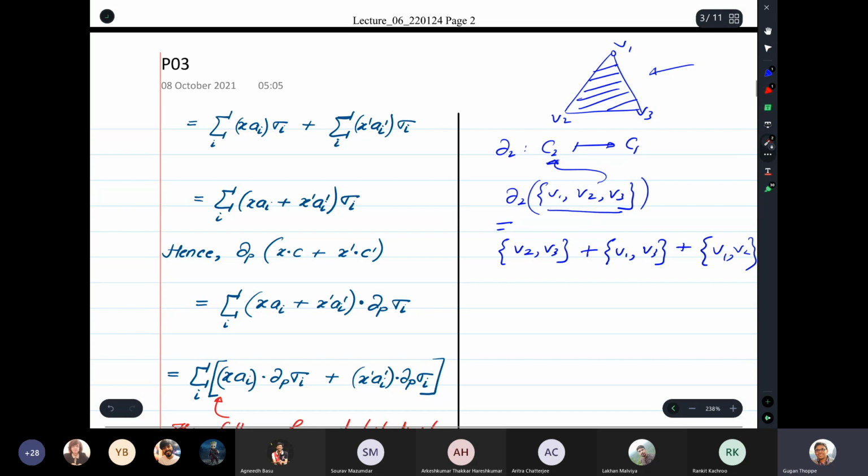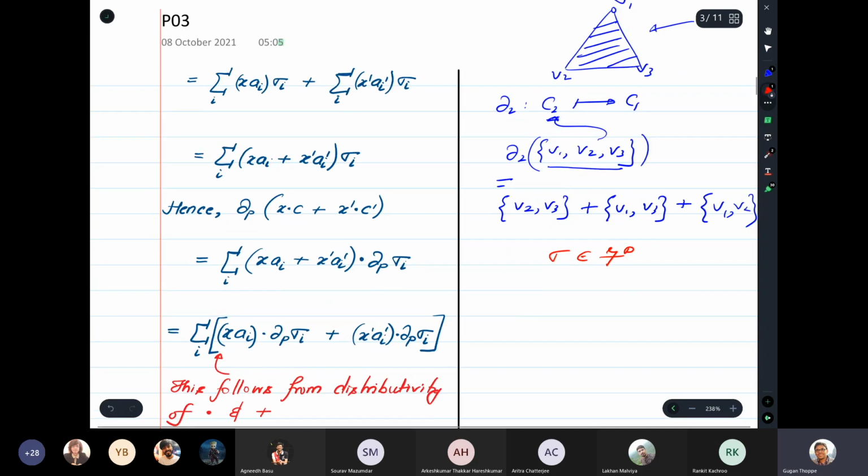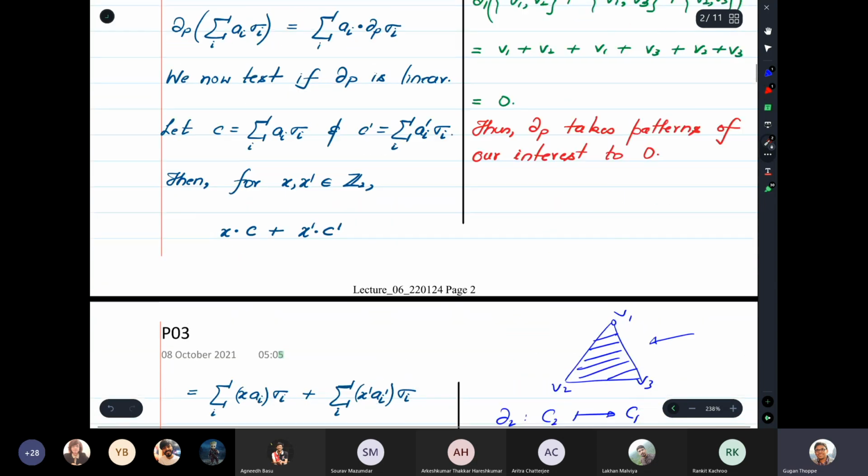So in general, let's say sigma is a p face, then daba p of sigma will be a combination of p minus 1 faces in the boundary of sigma. Okay, so it is because of this reason that daba p is referred to as the boundary operator.